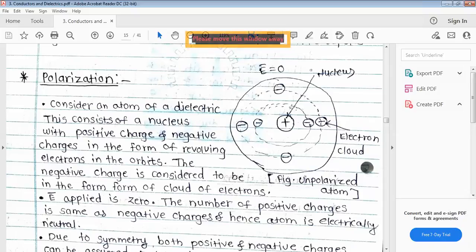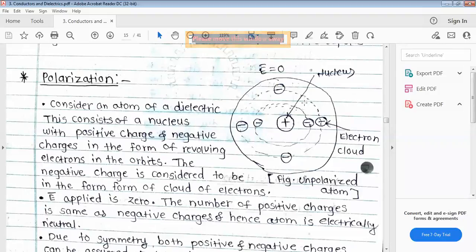Now just tell me, at first when you are not applying any electric field, are there any free charges, free electrons available in that atom? Yes or no? No, no free charges are available. Okay.